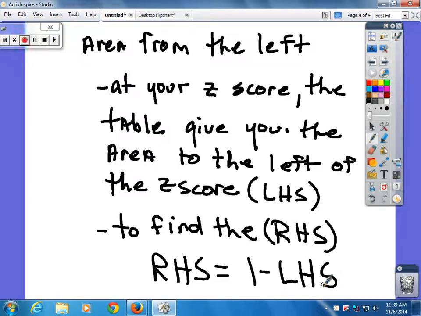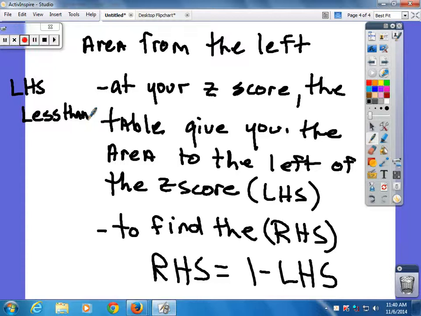Now, what determines whether you're looking for the right-hand side or the left-hand side? Left-hand side usually goes with the words less than. Find the IQ score that's less than 1.27, or find the area that's less than a z-score of 2.6.